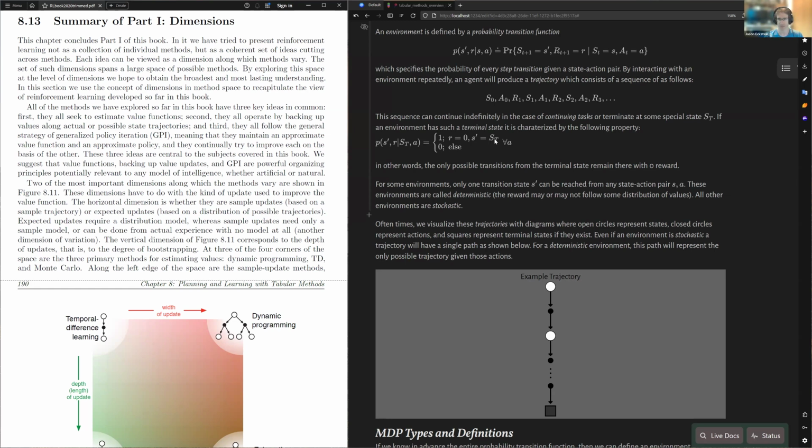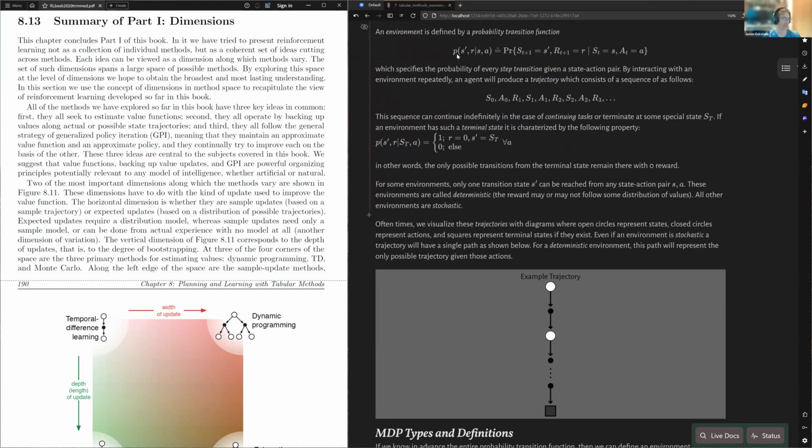This could also be a set of states, but in general, once you're in a terminal state, you'll stay in that same terminal state, even if there are more than one. And the reward would always be zero, so you can't get any more reward once you're in the terminal state.